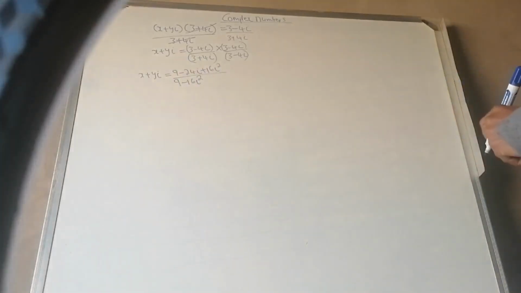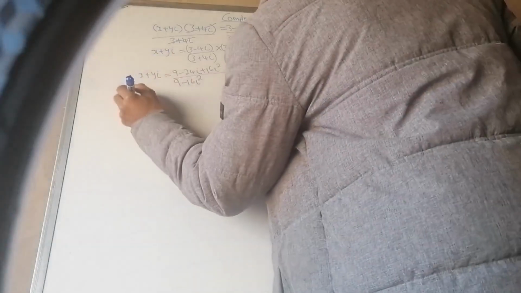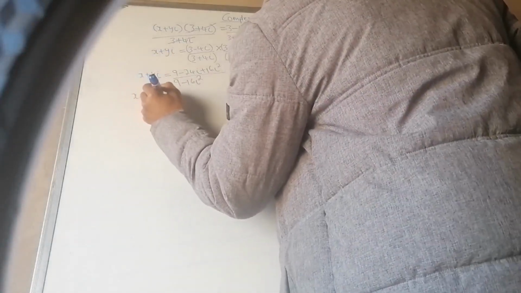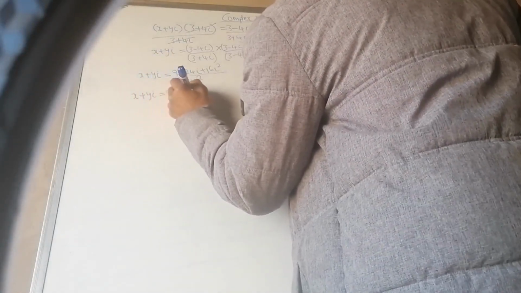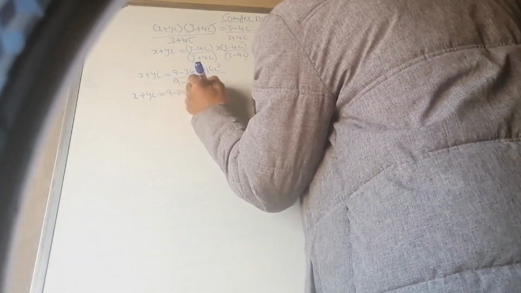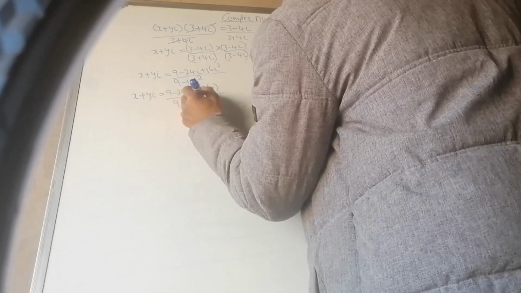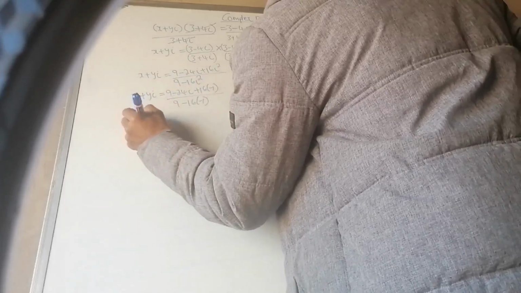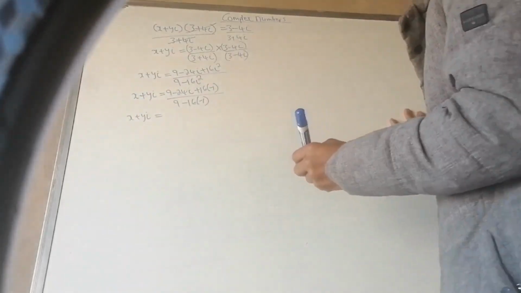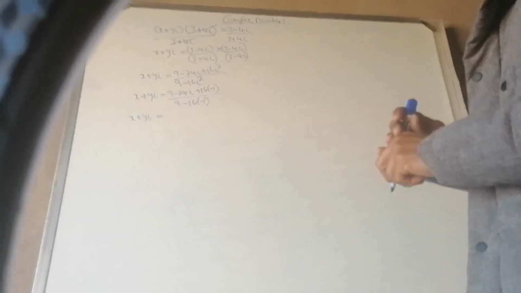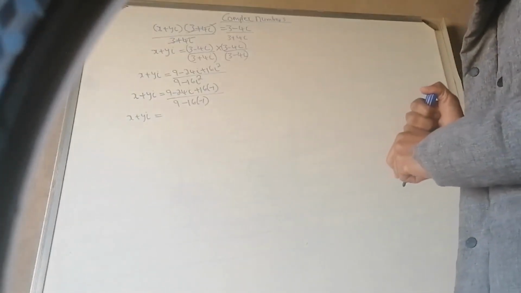This is exactly what we will have. Taking i squared equals negative 1, I have x plus yi equals 9 minus 24i plus 16 into negative 1, all over 9 minus 16 into negative 1.